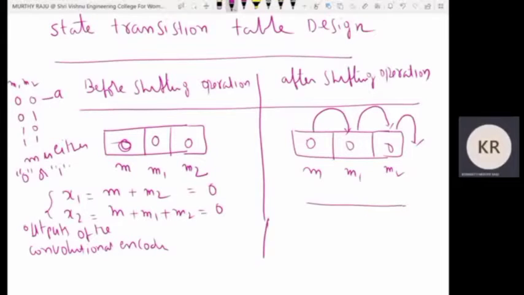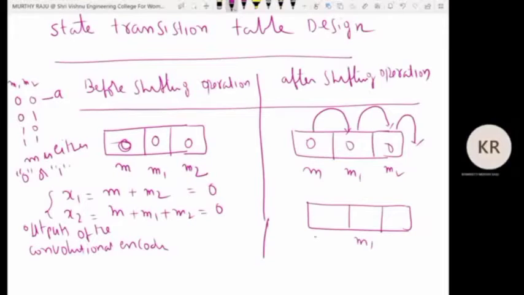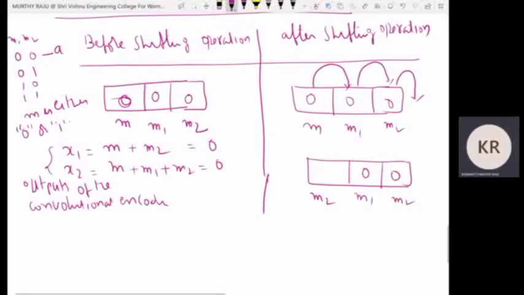After the shifting operation, the status of the registers is like that. M is empty, M1, M2, therefore 0, 0. This 00 is called the next state. Next state is also A.